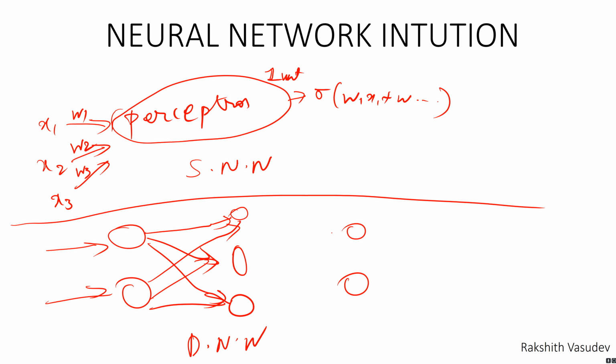So don't forget, these are my perceptron connections. Every perceptron is connected to every other perceptron, and that is what is called x1, x2, w1, w2, and I keep doing this.